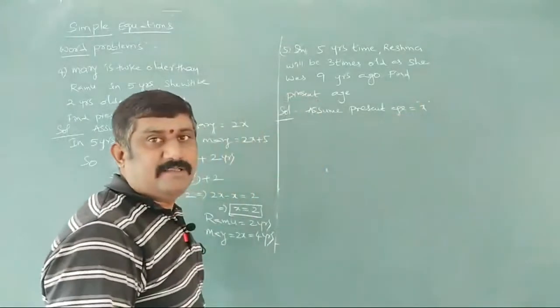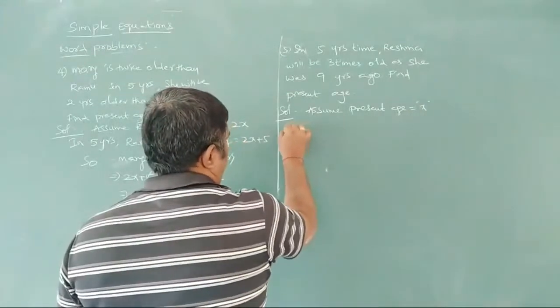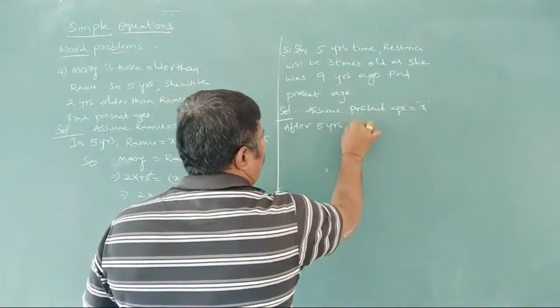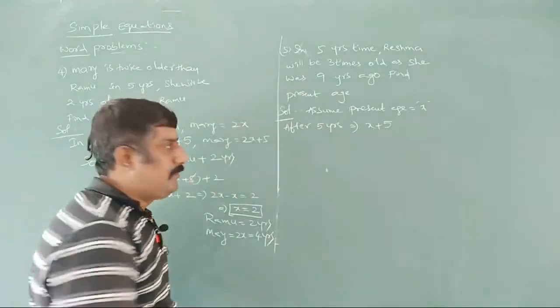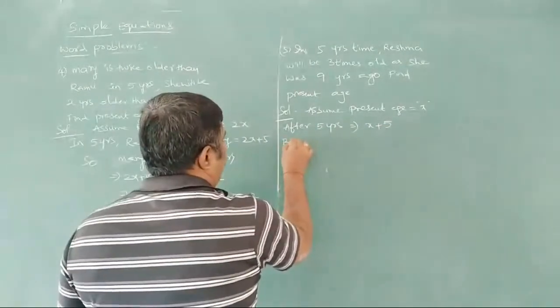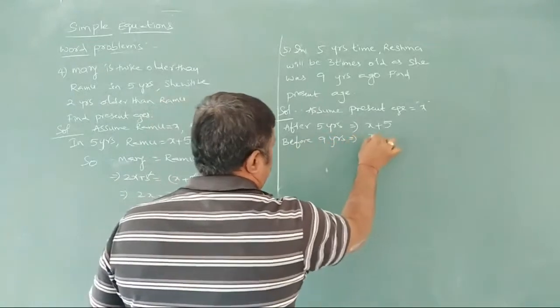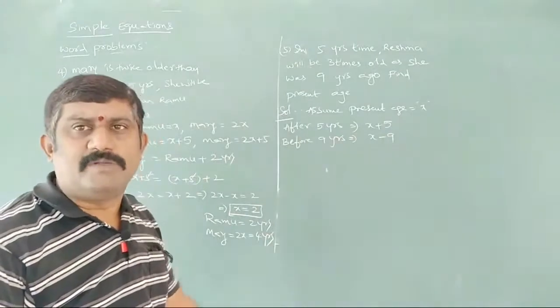Assume present age as x. After 5 years, x plus 5. Before 9 years, x minus 9. How much is it given?